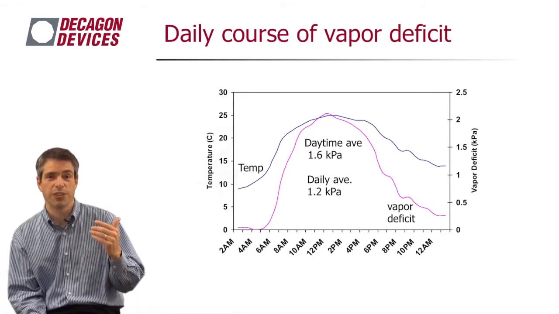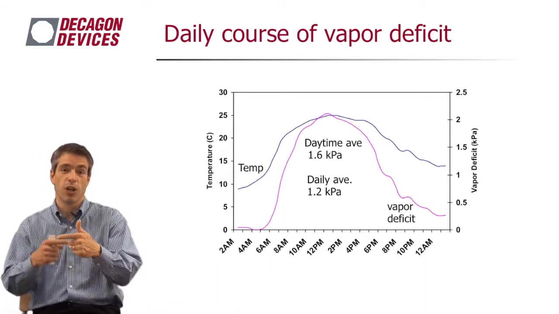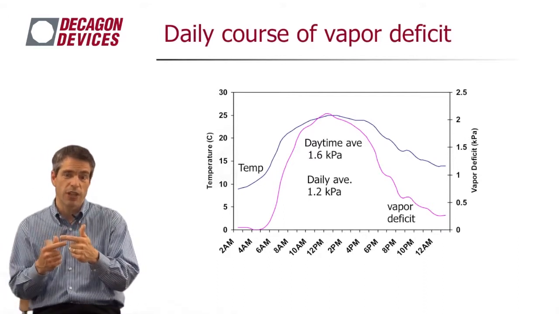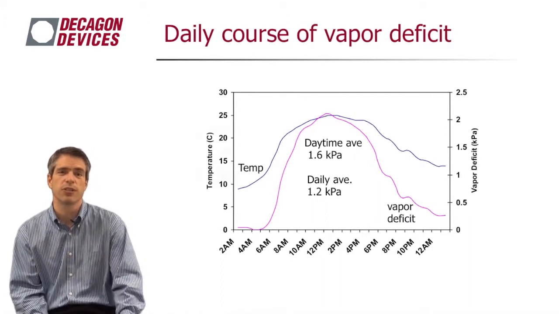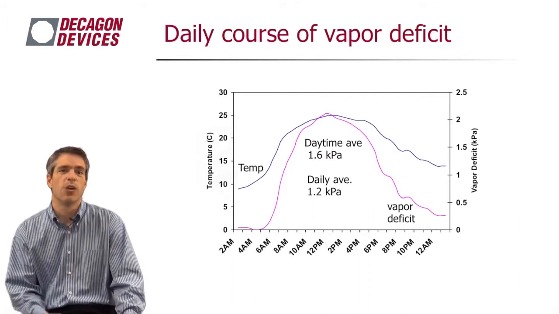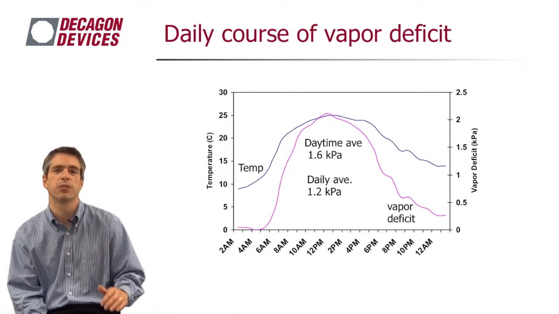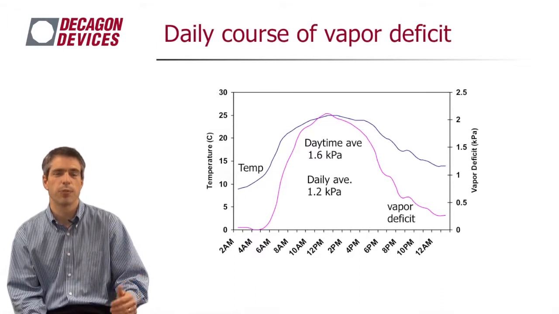But if we took the daytime average, where we're actually getting photosynthesis occur, with the exchange between the air and the leaf and the CO2 coming in, we get a different value, 1.2 kPa. So just be aware that you've got to make some adjustments to those values. You just can't naturally take the average of the entire day's vapor deficit.